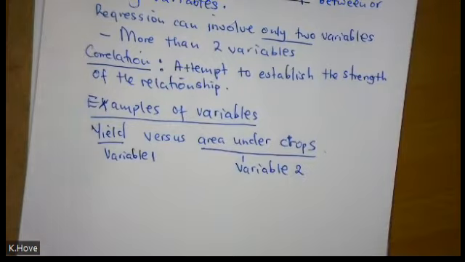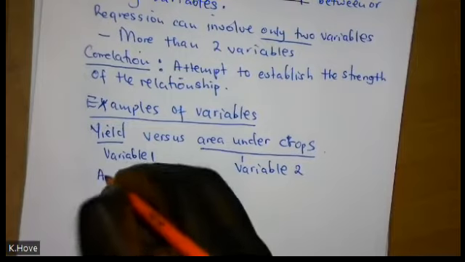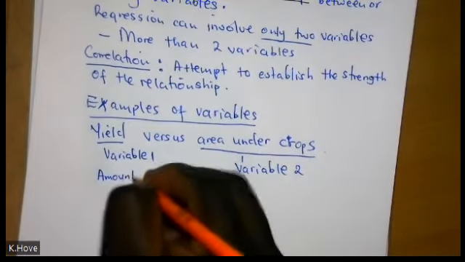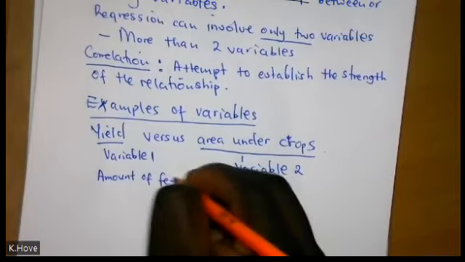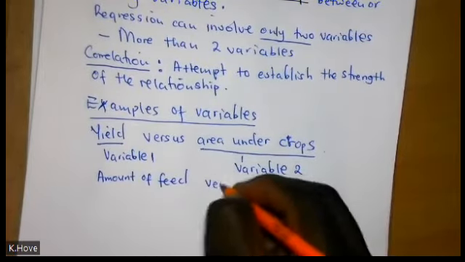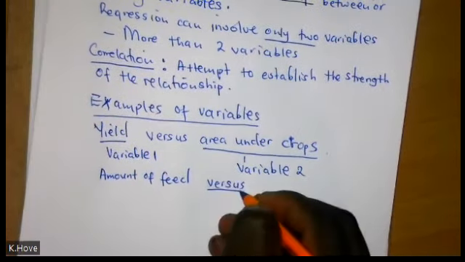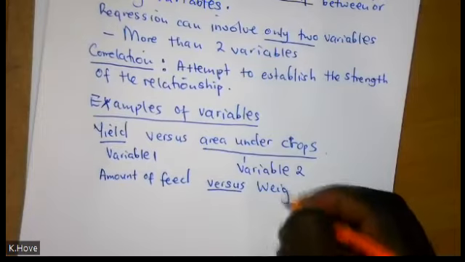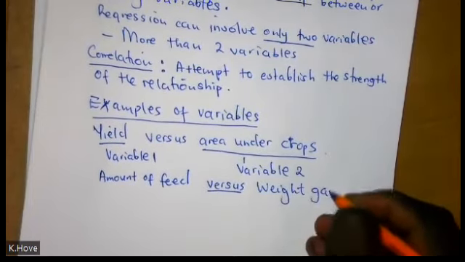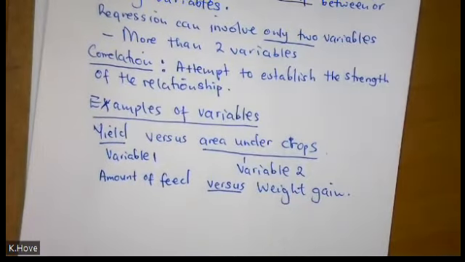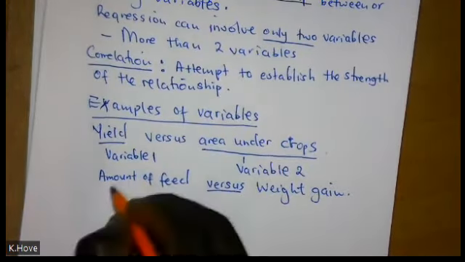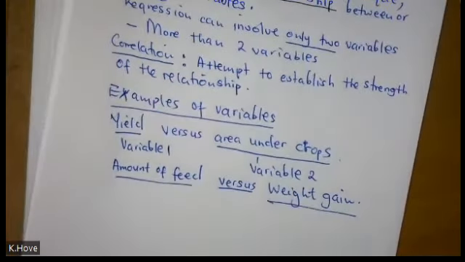So we may want to regress the amount of feed that is given or applied to the pond versus weight gain of the fish. So all these are variables. Whenever we are trying to establish the relationship between the variables, we call that regression.